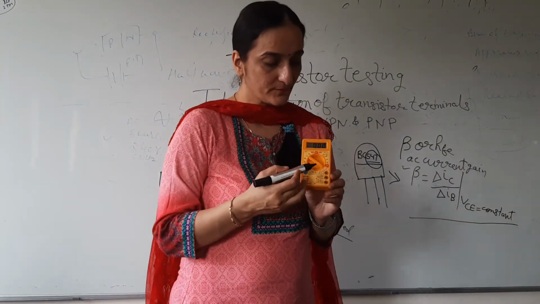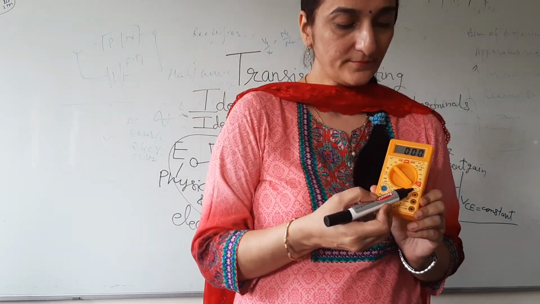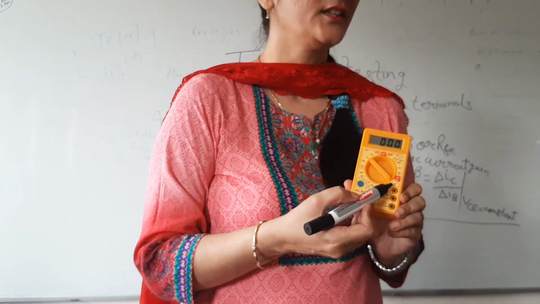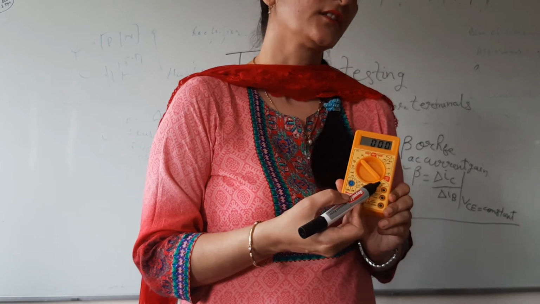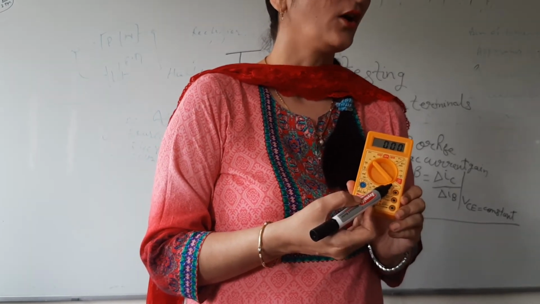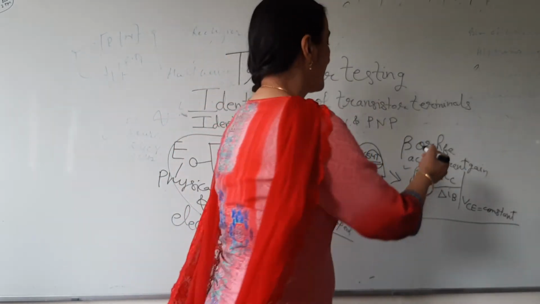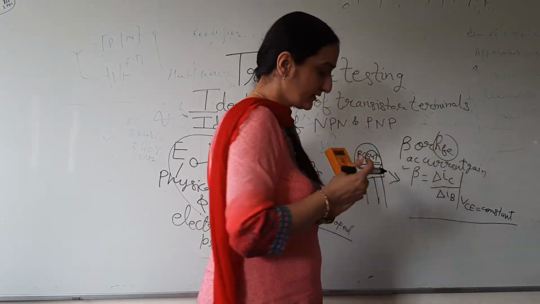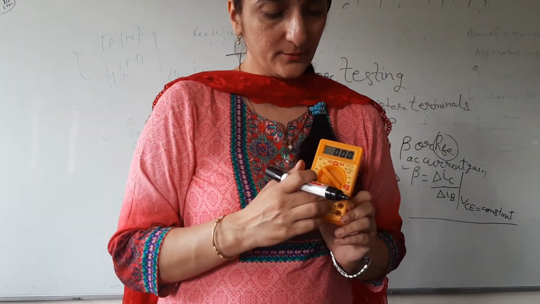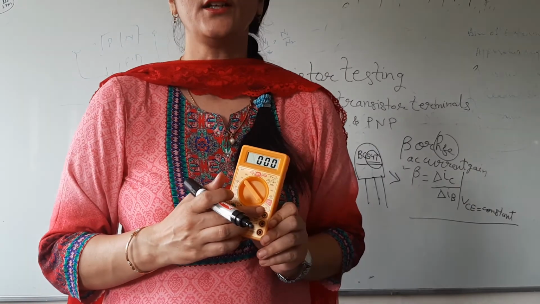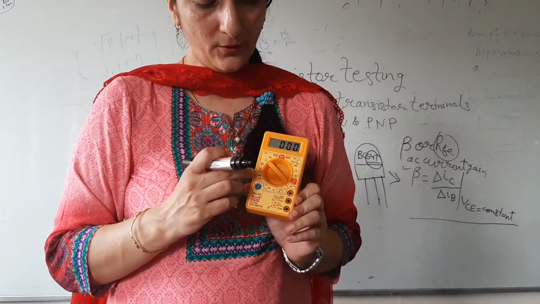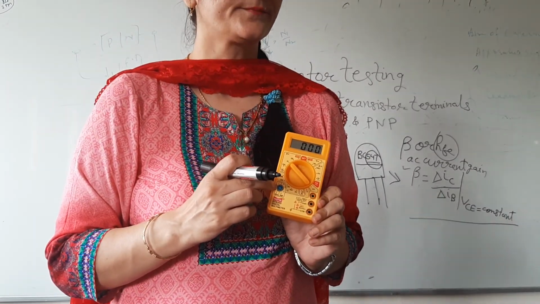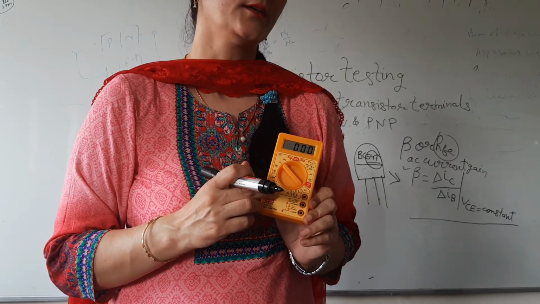So in digital multimeters, we can measure the value of the transistor beta, also denoted by HFE. You can see there is one testing mode, HFE, present on the digital multimeter. Two slots are given, one for NPN, another for PNP.